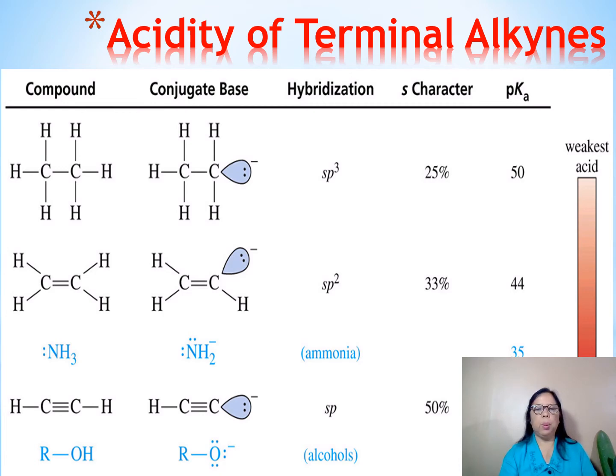In terms of hybridization, you have this. As you go down, the more double bond, the lower is the acidity or the pH. So this is more acidic as compared to this, and this is more acidic as compared to this.